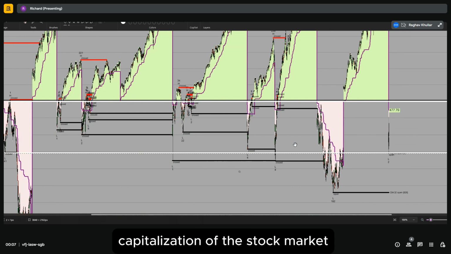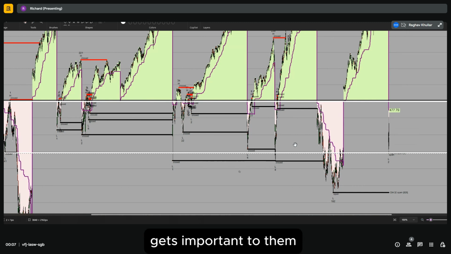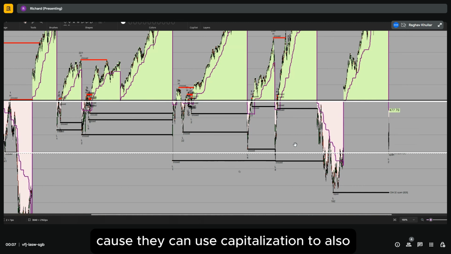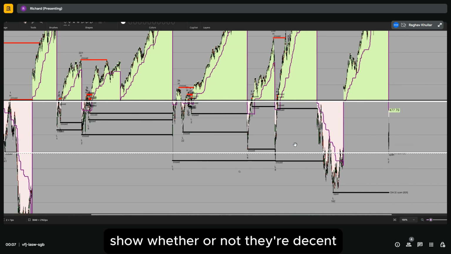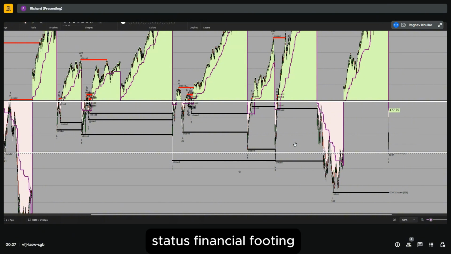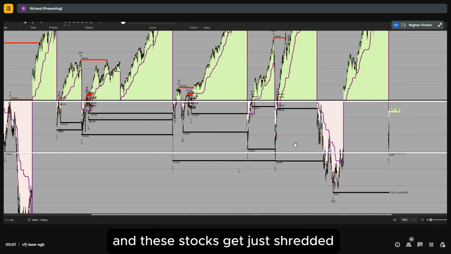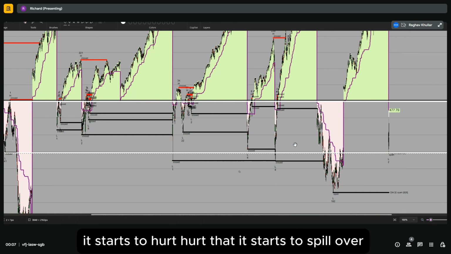Also, capitalization of the stock market becomes important to them because they can use capitalization to show whether or not they're in decent financial footing. As the stock market falls and these stocks get shredded, it starts to hurt that. It starts to spill over.